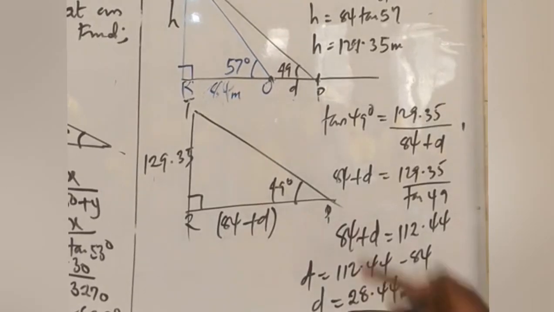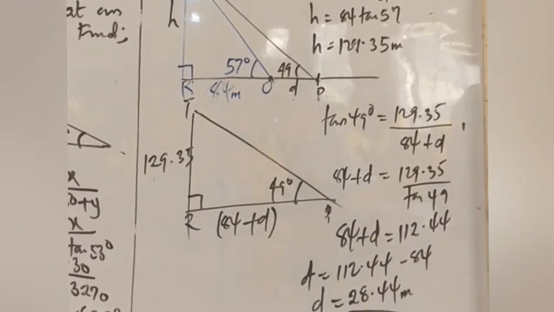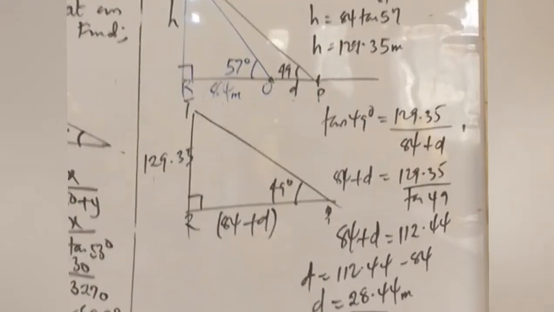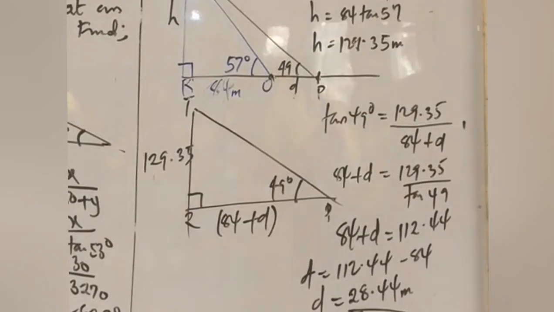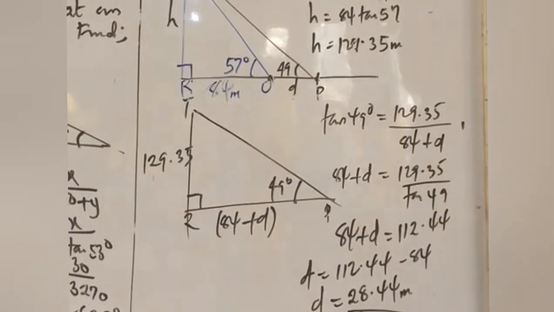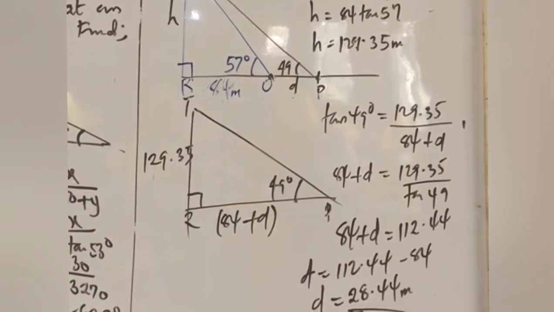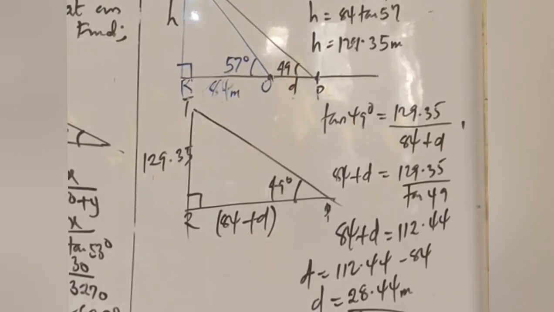Note, we didn't declare the value of D or what it stands for initially, so at the end, we have to declare. Therefore, the observer moved a distance of 28.44 meters backward.